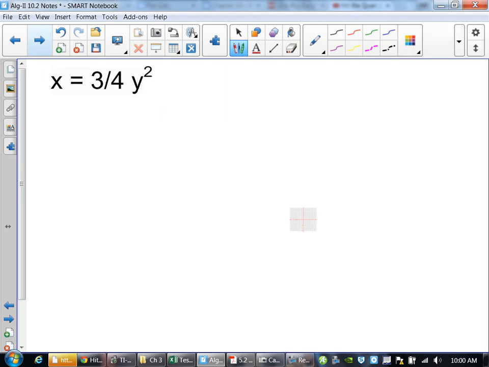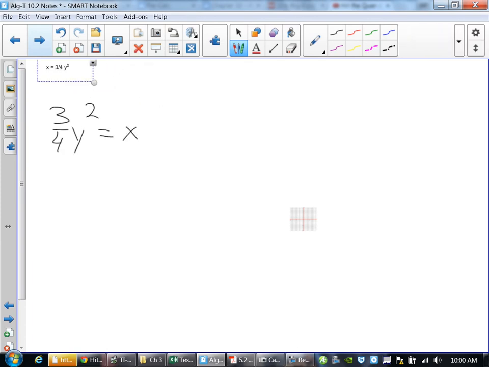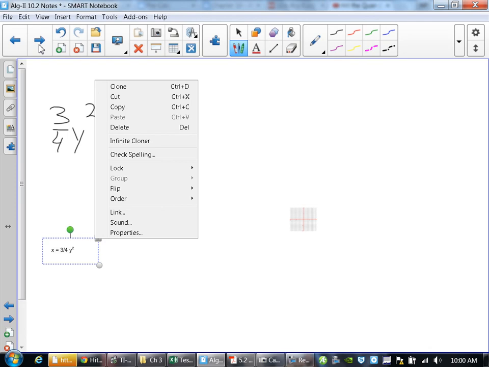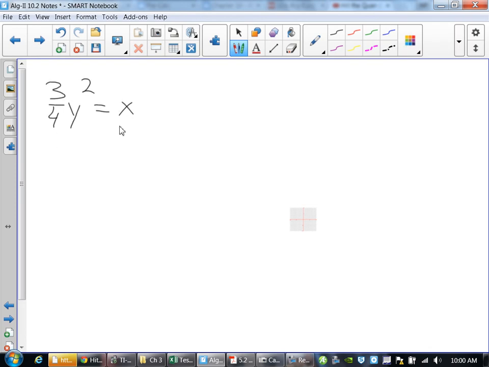So we have, let me rewrite this here. It's 3/4 y squared is x. I want to do the same basic idea.